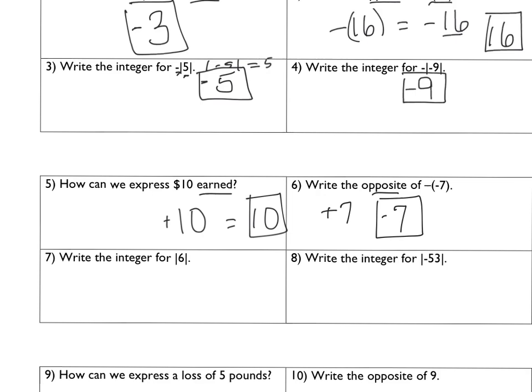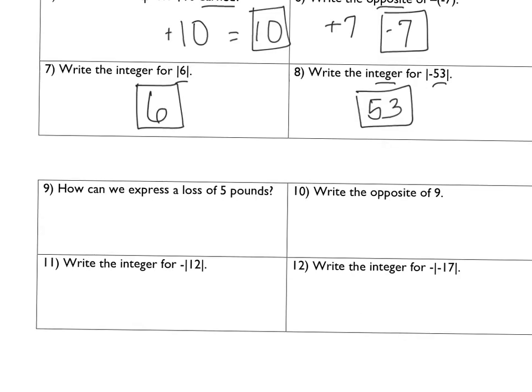Number 7, write the integer for the absolute value of 6. So the integer for the absolute value of 6 is 6. Write the integer for the absolute value of negative 53. Again, everything inside of the absolute value turns to positive, so that is going to be 53. A few more.